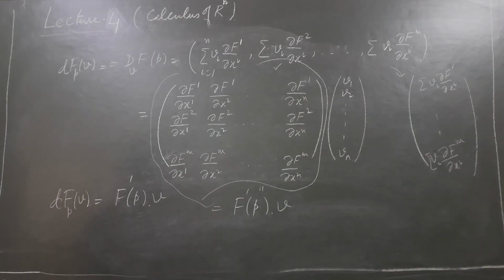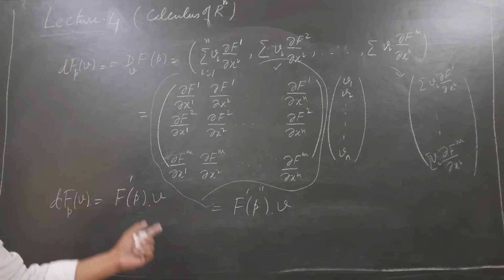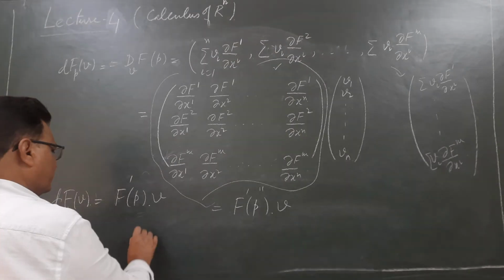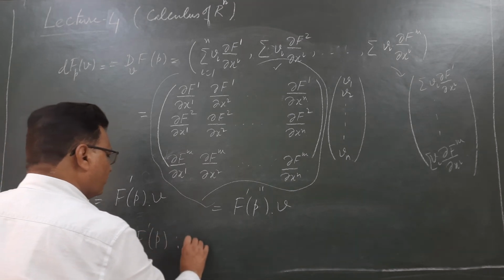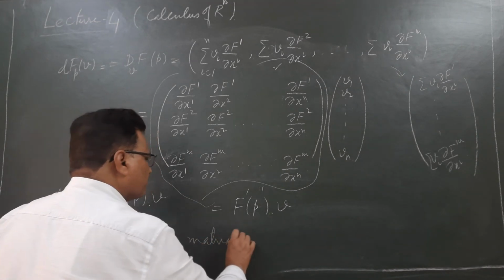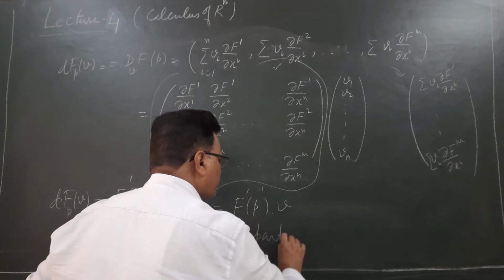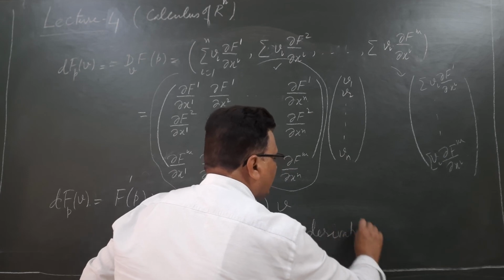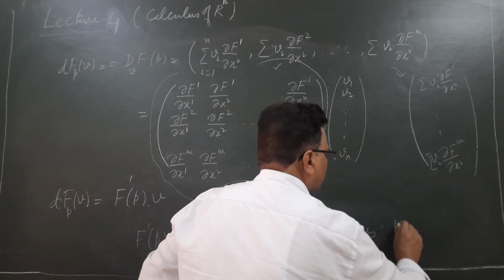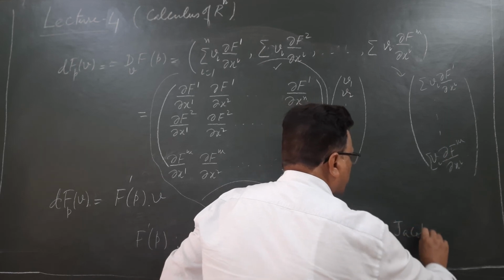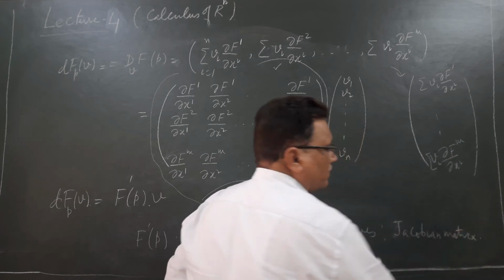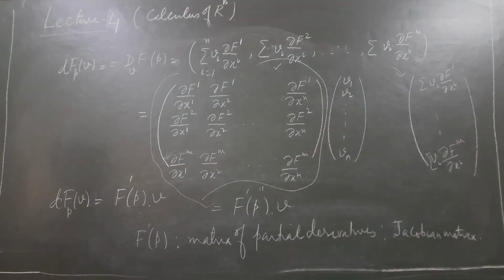So the Jacobian matrix of the derivative is actually this matrix of partial derivatives. So f dash p is the matrix of partial derivatives, and this is known as the Jacobian matrix. Okay. All right. So I stop at this point.